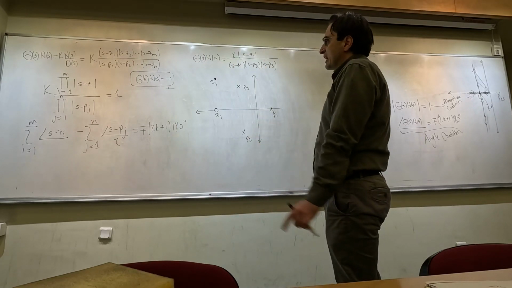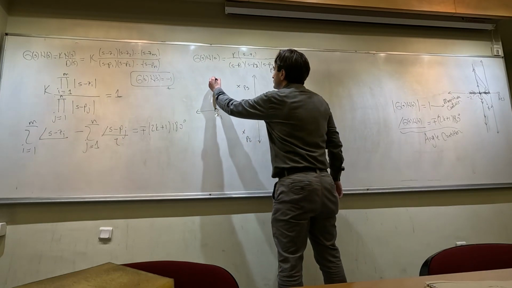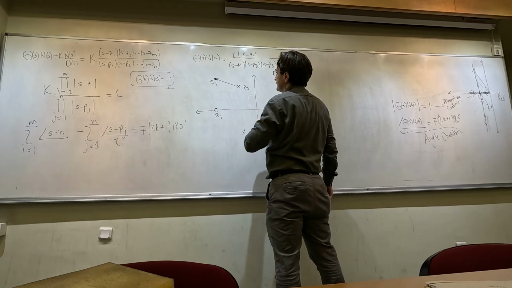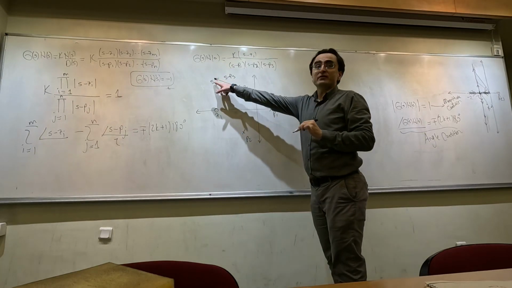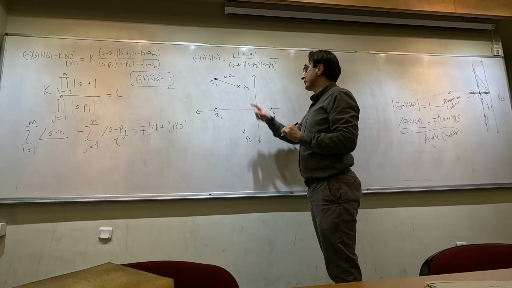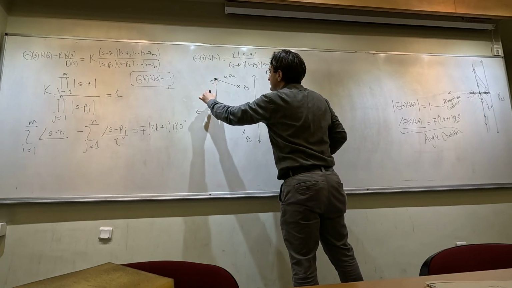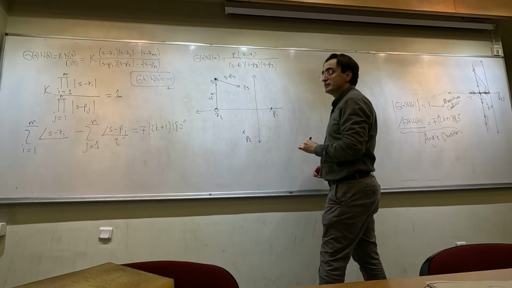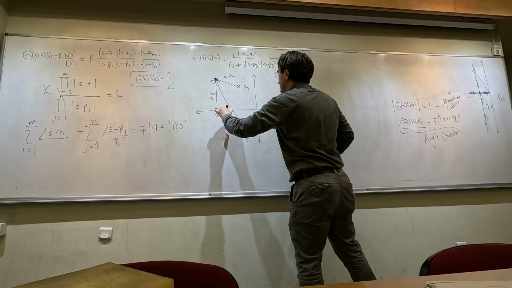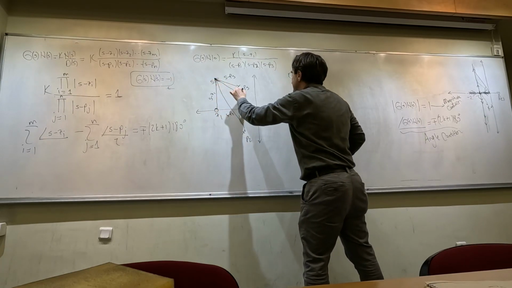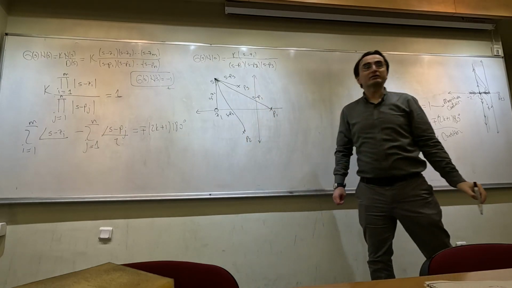So now I will look at what those vectors are. Here I can write this vector as S minus P3. This is the vector S minus P3. Here I can write this is the S minus Z1 vector, and this is the S minus P2 vector, and this is the S minus P1 vector.